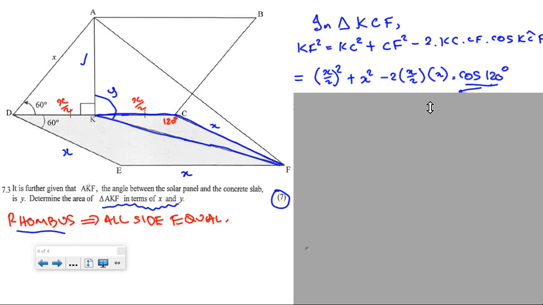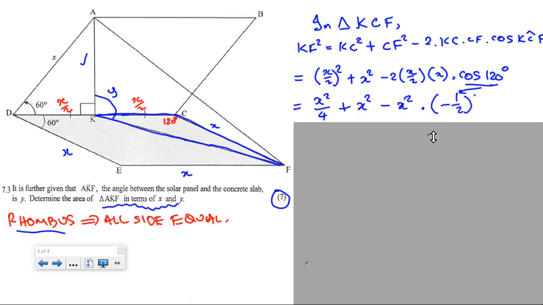In this case they don't give any restriction as far as use of the calculator, so you can use the calculator. Please watch. This is x squared over 4 plus x squared minus x times minus half. Now don't think for a minute those two will cancel. They won't. You still have to multiply the minus half here.